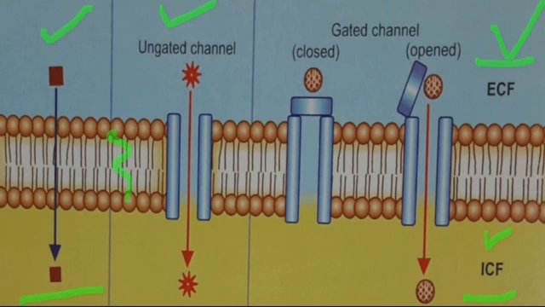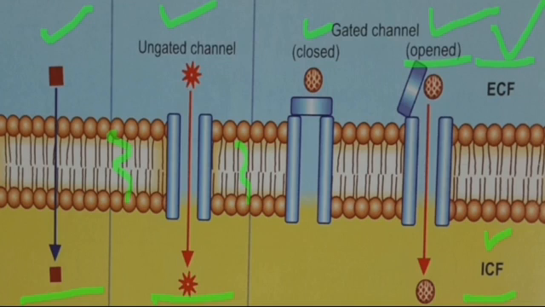Here is the ungated channel, which means there is no gate in this channel, and it is present in the plasma membrane. Every substance can pass easily through this channel. And here you can see the gated channel, where there are two types of gated channel. One is closed gated and another is open gated.